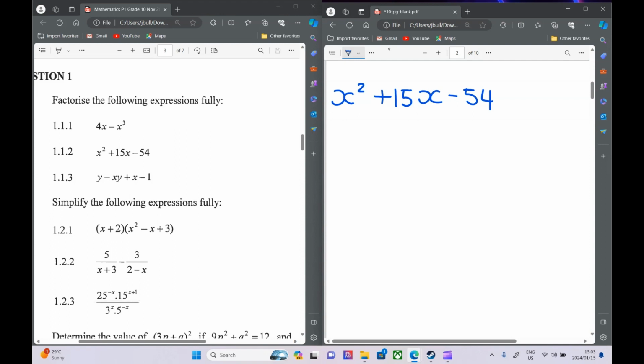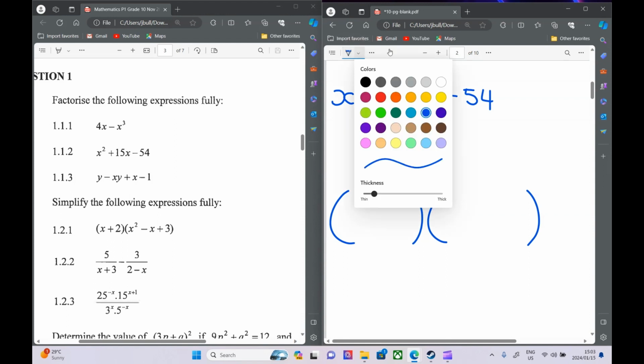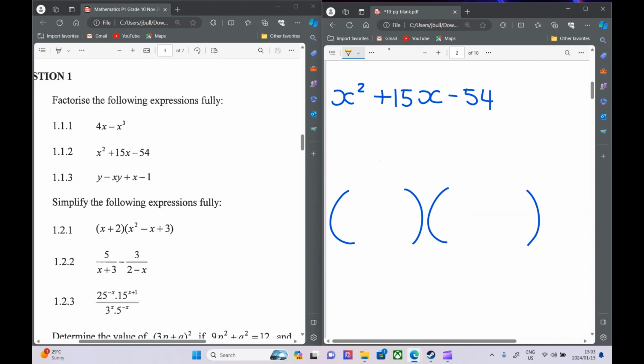With quadratics, we always have the same two brackets. The signs we've got to figure out. And how we do quadratics is we always have to read them backwards. So we're going to say the factors of 54 that have a difference of 15.